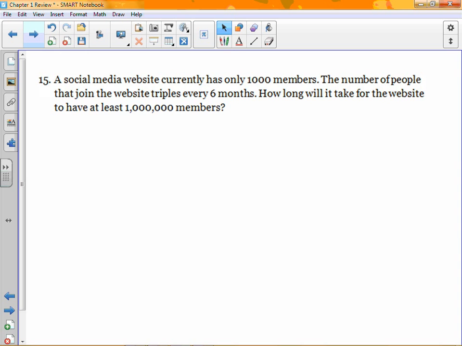A social media website currently has 1,000 members. So again, guys, we're doing an exponential growth problem. A equals the starting point. What's the starting point? 1,000.